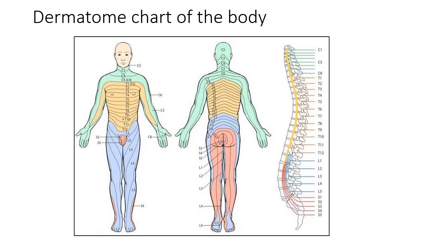The face is blank because on the face it's actually the trigeminal nerve, cranial nerve 5, that's supplying the skin of the face for sensory. But on the back of the head you see C2, C3, C4, C5 going down the arms, in the chest and the back, and the hips and the legs with the L1, L2, and so on and so forth. And this is the pattern of skin developing with its nerve supply.